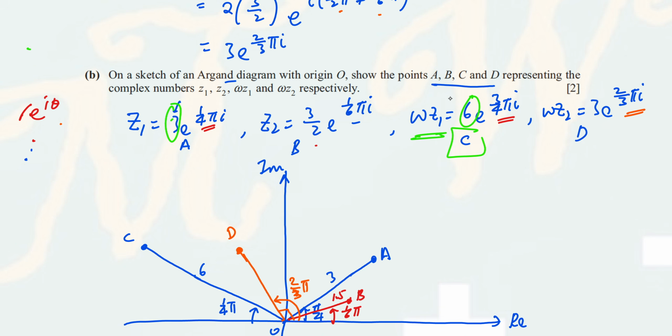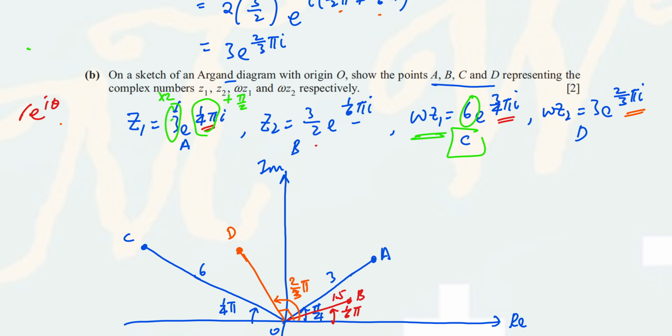So the length is doubled; you times 2. And then the theta, 1/4 pi becomes 3/4 pi. That means you plus 2/4 pi, that is plus half pi.